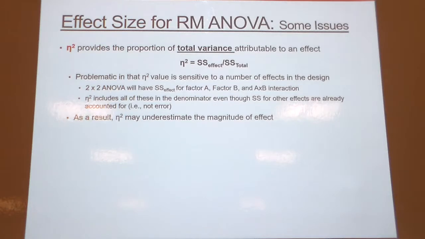And so what ends up happening, particularly if we have correlated effects, is that our eta squared starts to become smaller as we add more effects in, because of random overlap with some stuff.